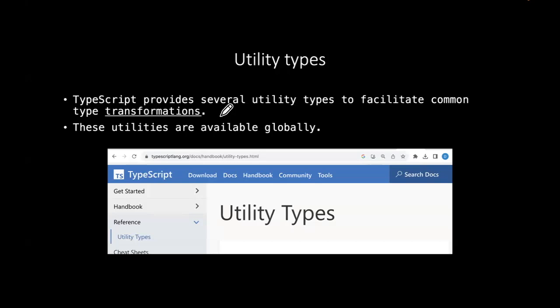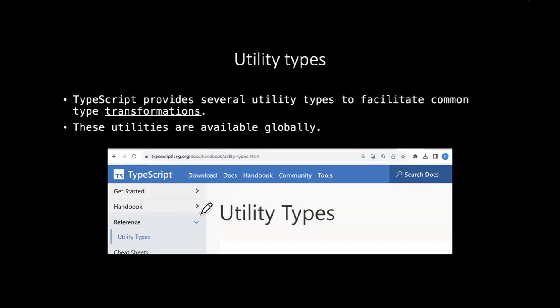Okay. And if you just Google TypeScript utility types, you'll probably hit this page here, and it'll give you a list of all of the built-in utility types. There's a whole bunch of other utility types that have been developed by the community, and you'd have to install those separately.